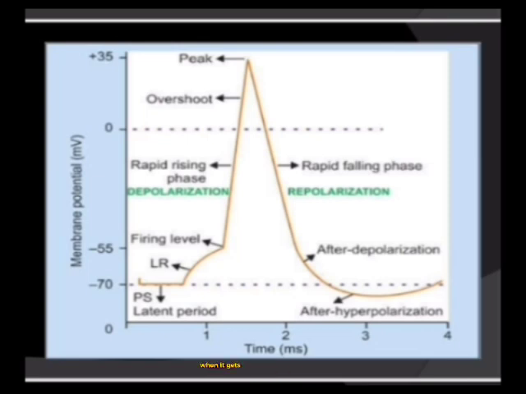When it gets to its peak and repolarization starts, these sodium ion channels close, preventing sodium ions from entering the interior of the cell from the exterior. Alright? The potassium ion channels open. There's another channel on the membrane of the nerve cell.